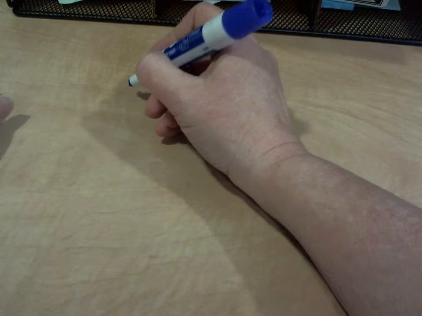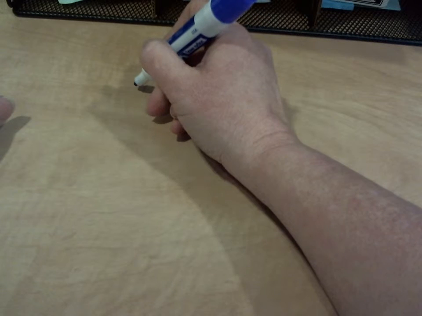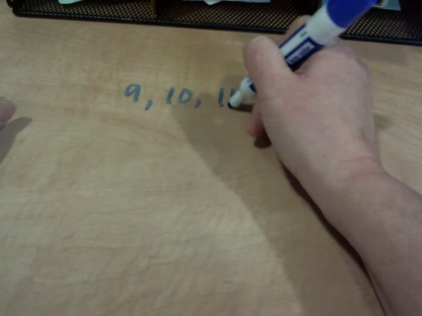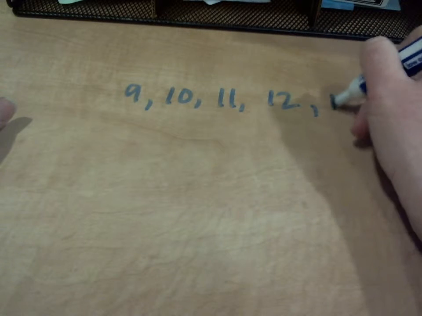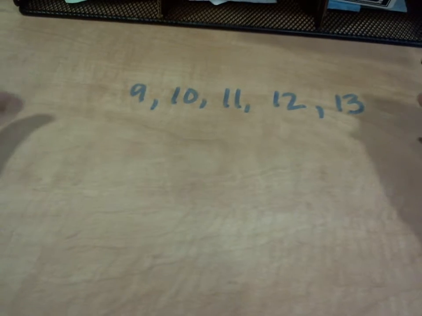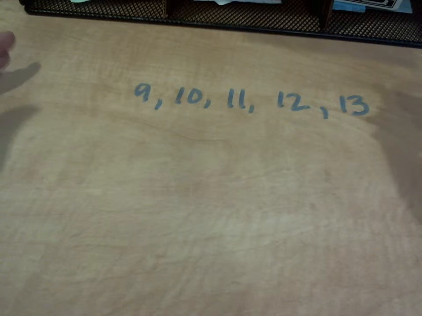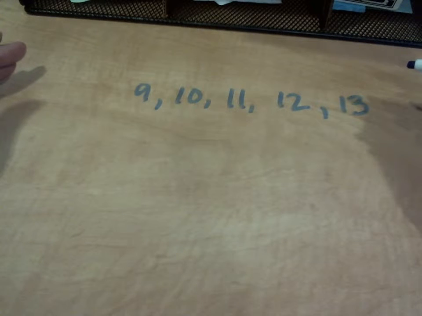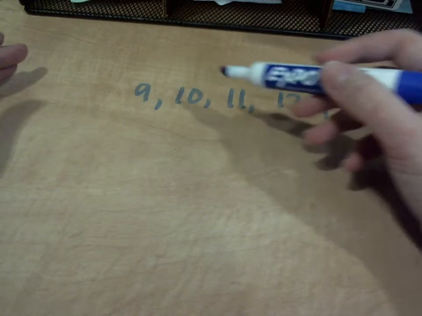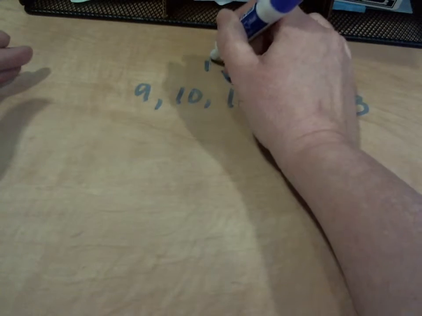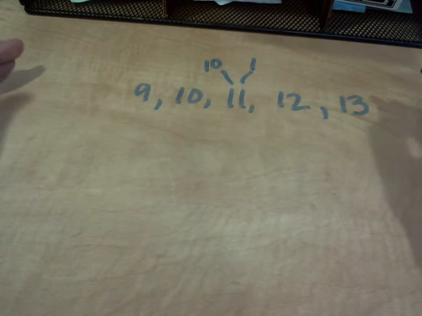So if we have the numbers 9, 10, 11, 12, 13, we know that the English language, for whatever reason, doesn't make any sense. We go to 10 and 11, and we want kids to think about this as 10, 1, but we call it 11.